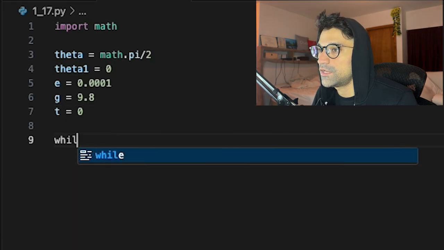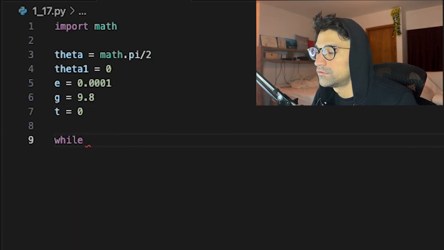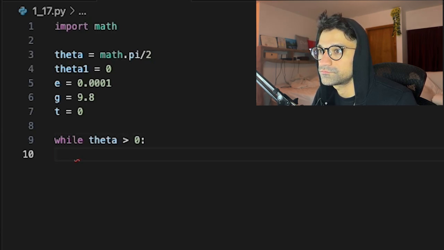Now, while theta is greater than 0, we have to make sure theta is being subtracted. But it is, because of theta double dot.